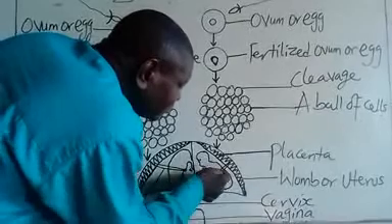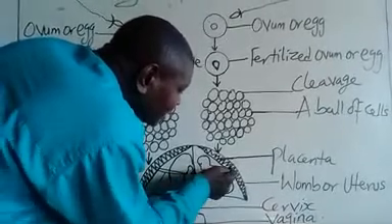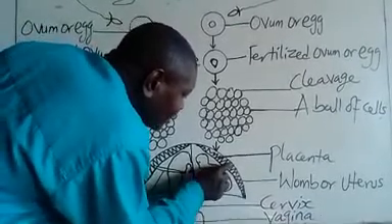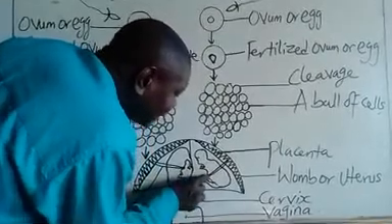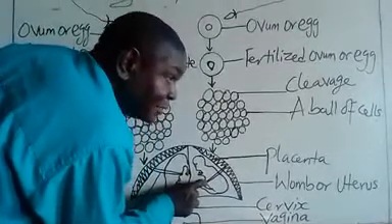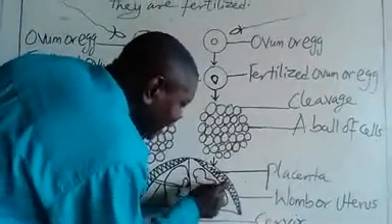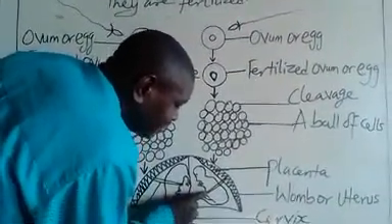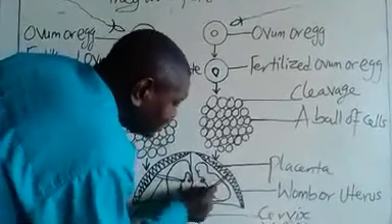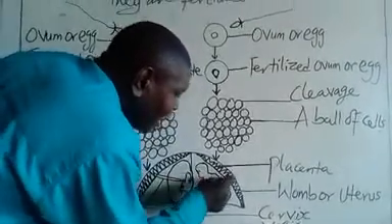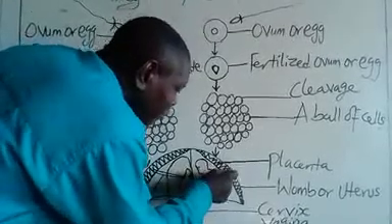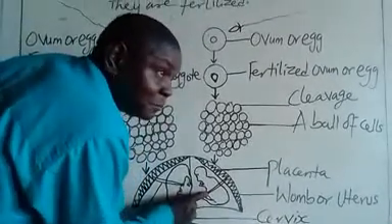Look at the umbilical cord. It has connection with the placenta and the baby. This is where food and oxygen pass through to the baby.